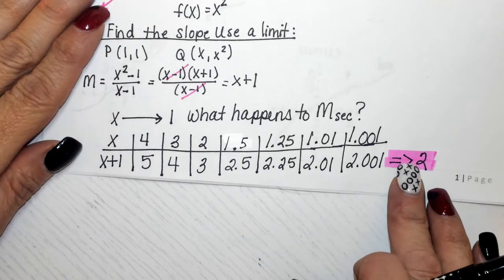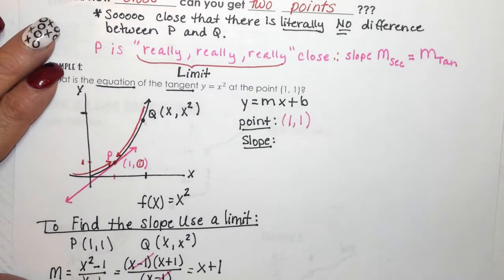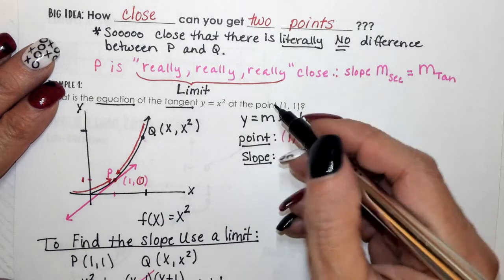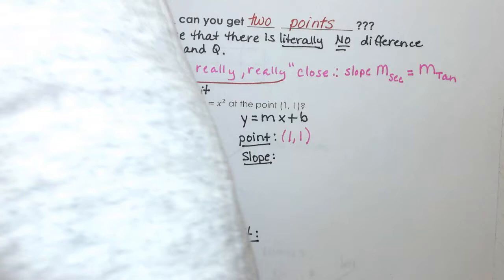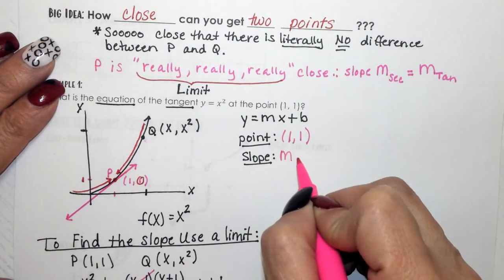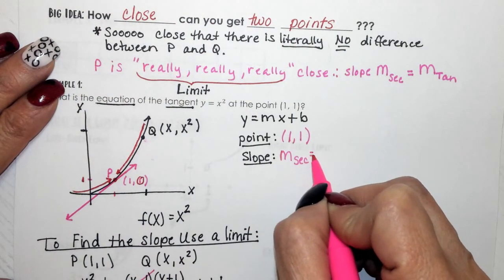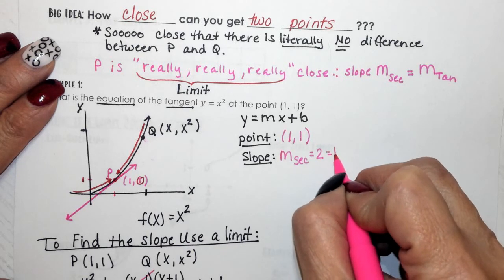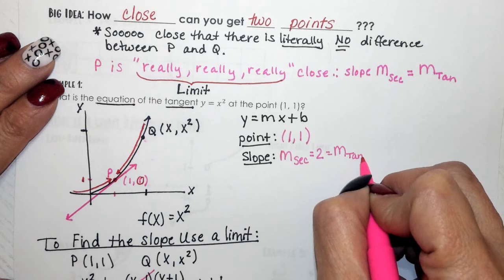The slope of the secant, remember, we set it up here, the slope of the secant is the slope of the tangent. So I'm going to use my pink pen, the slope of the secant is becoming 2.